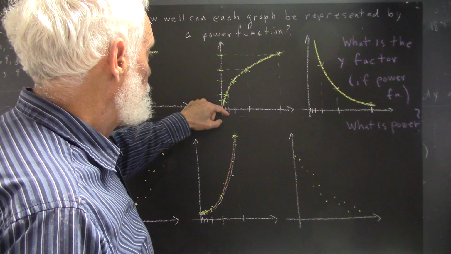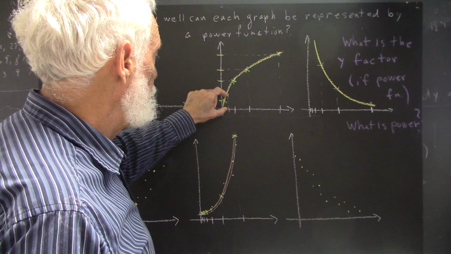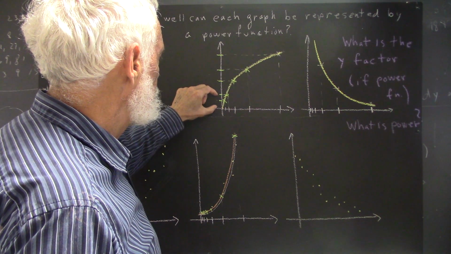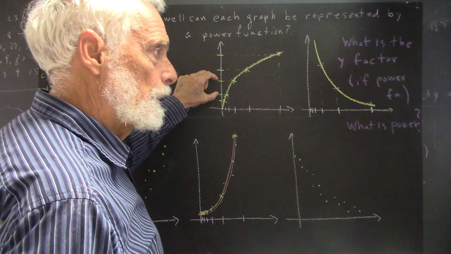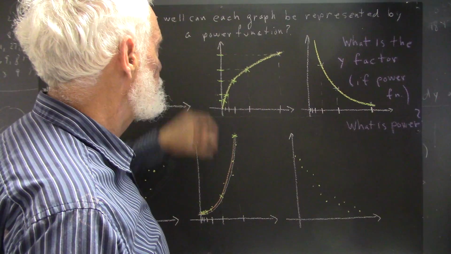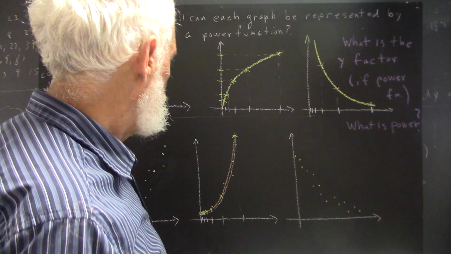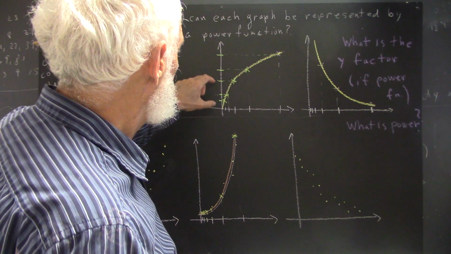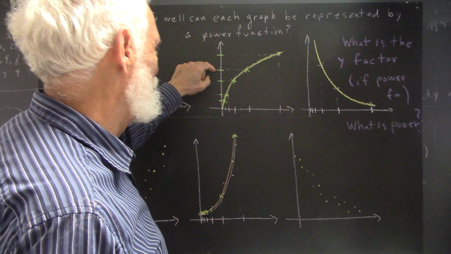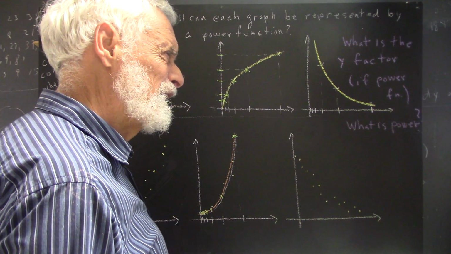Now, from this point to this point, the y value goes from here to here. Well, from here to here, looks like, again, a little less than 2. Okay? Now, from here to here, it looks like maybe about 1.3.